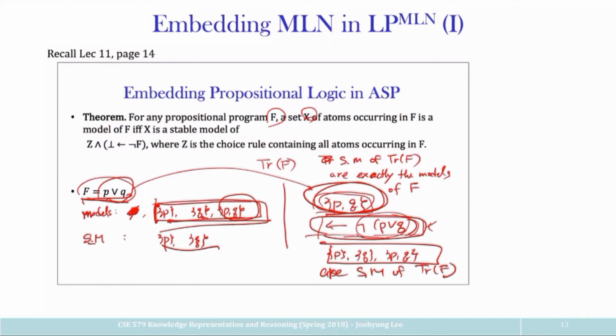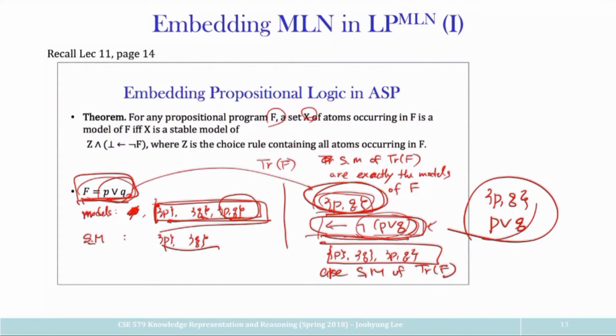Now I'm going to tell you actually some simplification of this method. You actually don't need to convert into the constraint. In the presence of choice rule, I can actually convert it this way. So all I need to do is to take the original formula F and add choice rules for all atoms. That's it.